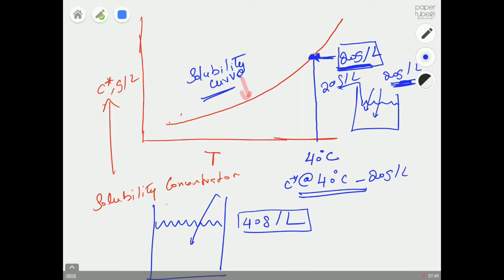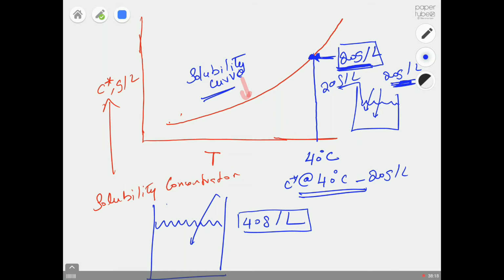So what we can understand from the solubility experiment is that the solid phase will remain in the solution once you reach the solubility limit. So that's the take home message. That means a solid phase can exist in that solution only if the solute concentration is above the solubility limit.